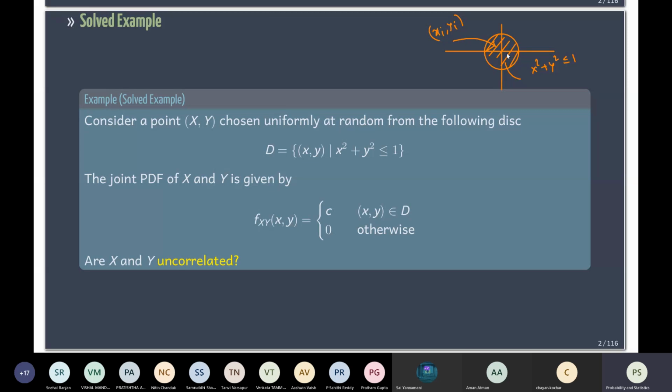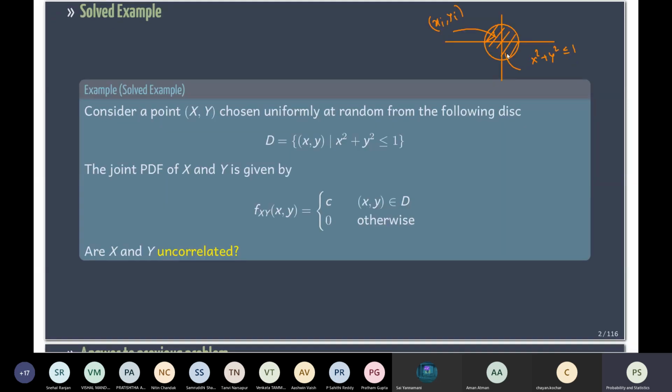Let us see how we can do this. Uncorrelated would mean that the covariance of x and y must be 0. So in other words, covariance of x, y is equal to 0, and this is what we are supposed to solve.